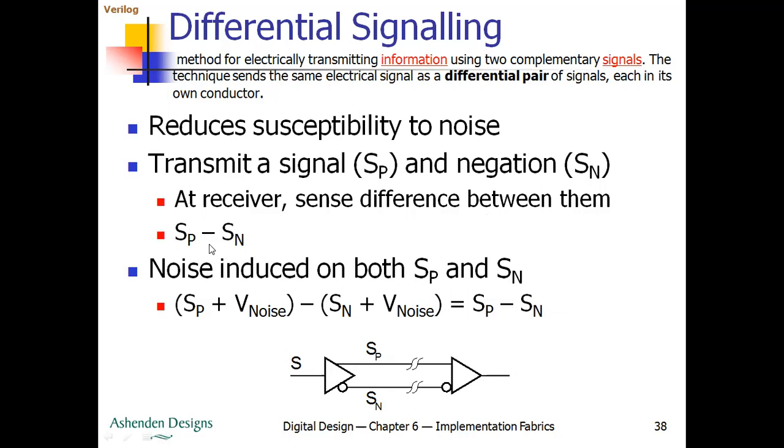And if Sp minus Sn is a negative voltage, this S will be transmitted as a value 0. I repeat: if the difference Sp minus Sn is a positive voltage, this particular S will be transmitted as a value 1, and if it is a negative voltage, then this S will be transmitted as a value 0. This arrangement is as shown in the diagram.